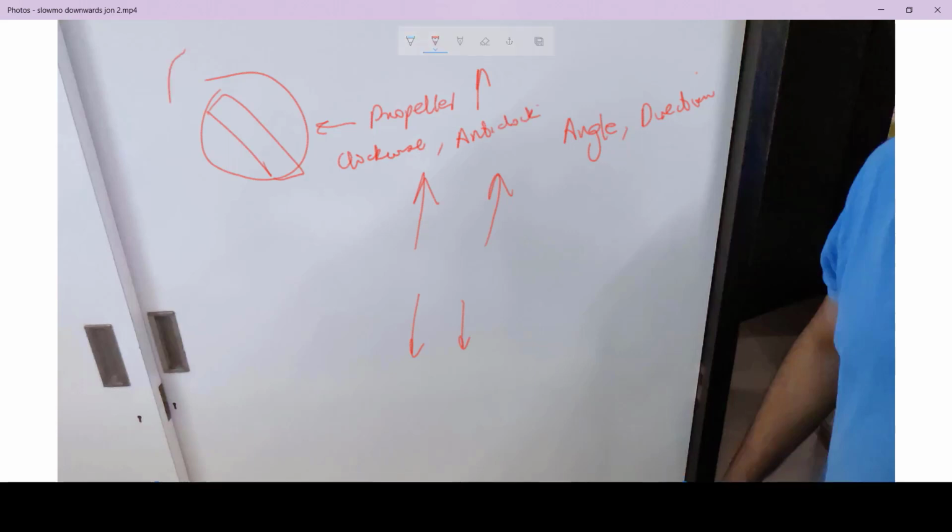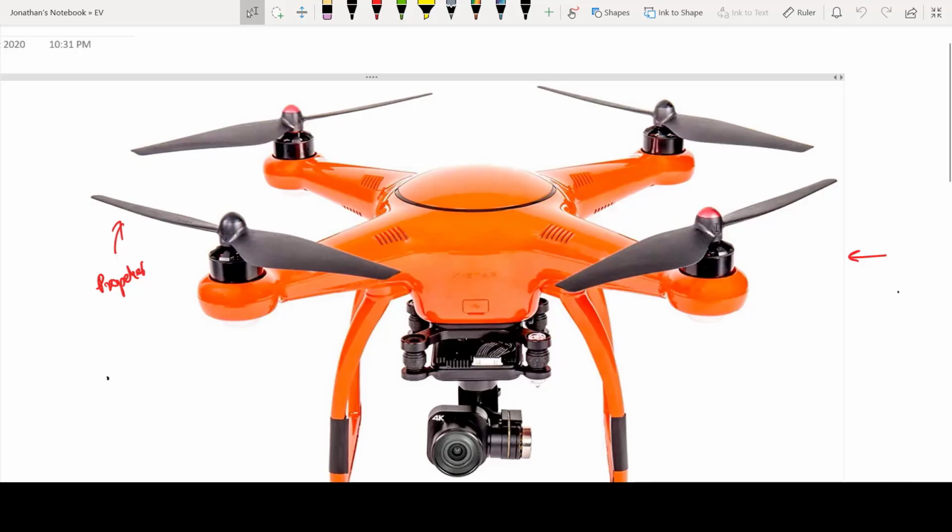And this is very important, and that is why you will see that a typical drone has 4 motors, and if you observe these motors carefully, you will see that this propeller, let's call them P1, P2, P3 and P4.